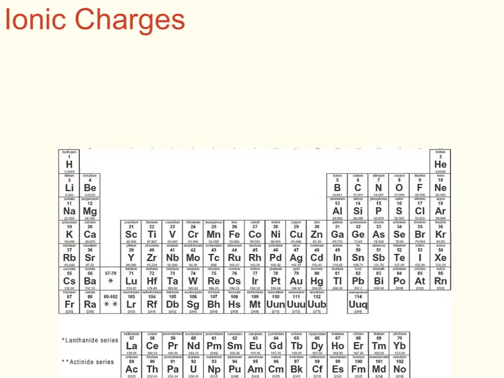Because of their desire to follow the octet rule, atoms are going to gain or lose electrons to become more stable. Recall that we said in column 1 that all of these elements, from hydrogen all the way down to francium, they all have 1 valence electron. So let's use lithium as our example. In a neutral atom of lithium, we have 3 protons in the nucleus, 4 neutrons in the nucleus, and then we have 2 energy levels.